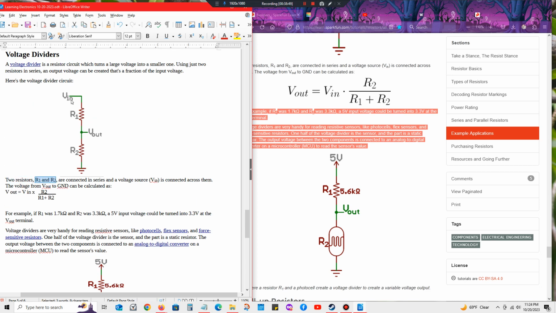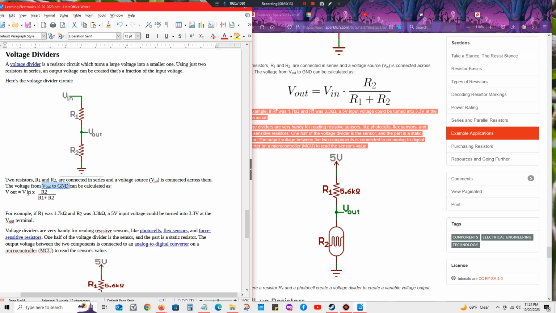So it's saying that the two resistors R1 and R2 are connected in series, and a voltage source V in is connected across them, and the voltage from V out to ground can be calculated as V out, right, which is connected to the ground.